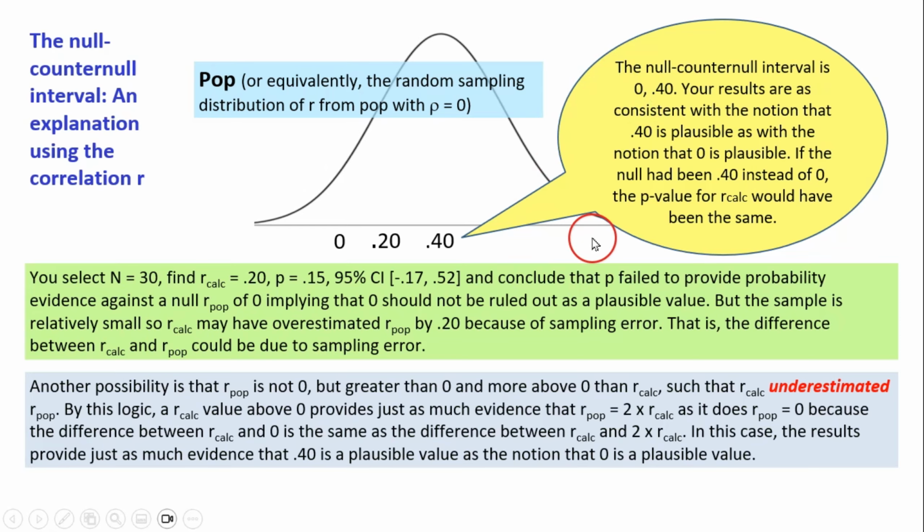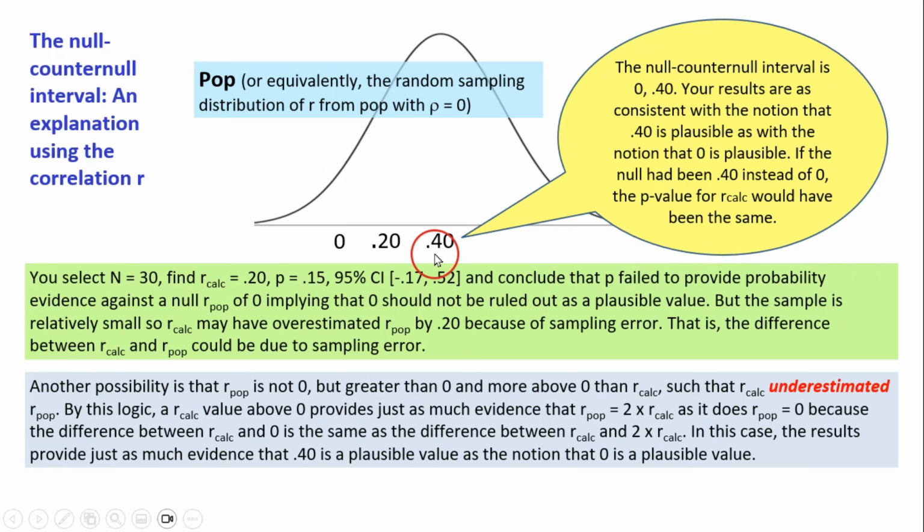Your results are as consistent with the notion that 0.4 is plausible as with the notion that 0 is plausible. If the null had been 0.4 instead of 0, the p-value of 0.15 down here for R calc would have been the same.